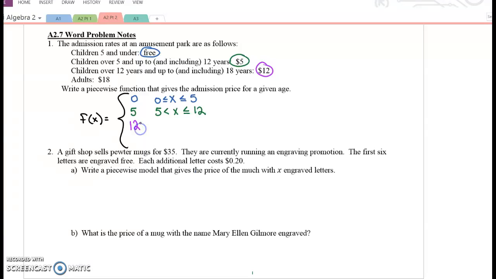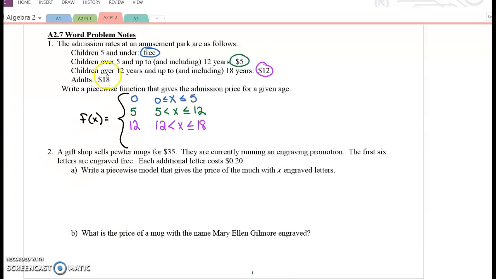$12. And this is for 12 years up to and including 18 years. And you might start to see a pattern. Because on the green line we included 12, can we include 12 on the purple line? No, so this needs to be plain less than. So x can be bigger than 12, and x can be smaller than or equal to 18.